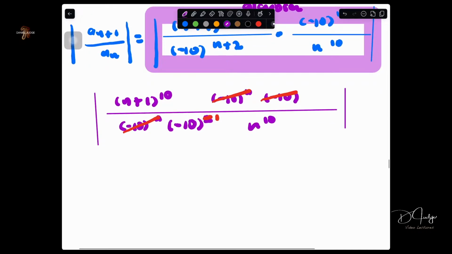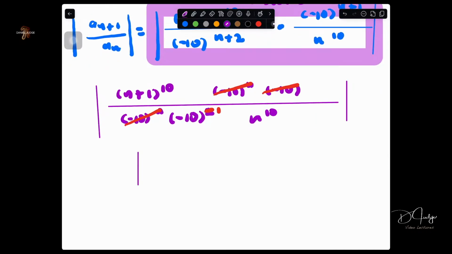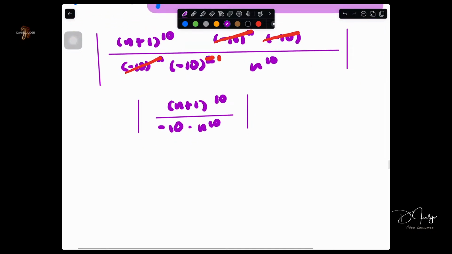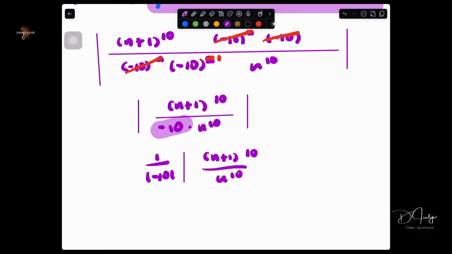So we're going to have now the absolute value of n plus 1 to the 10th power over negative 10 times n to the 10th power. So down here, we're going to use properties of absolute value to pull out that denominator. We're really going to get 1 over the absolute value of negative 10, and again by properties, n to the 10th power here.